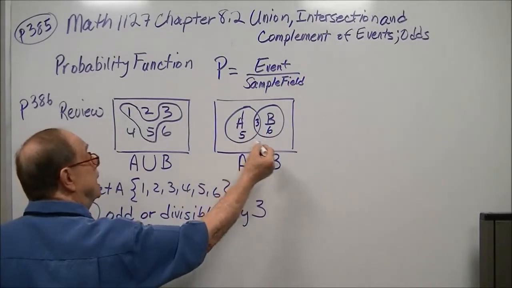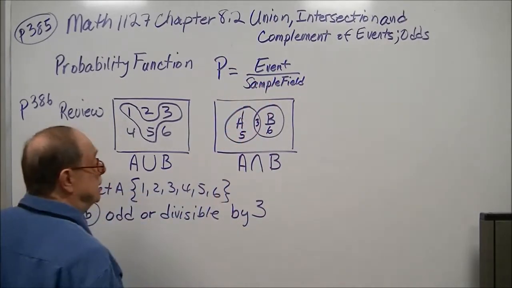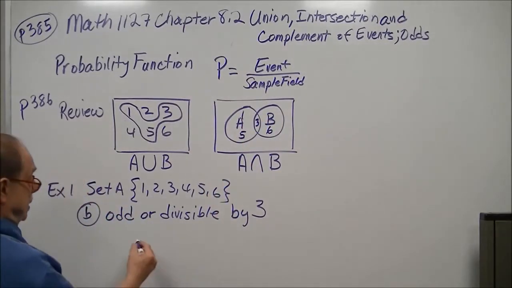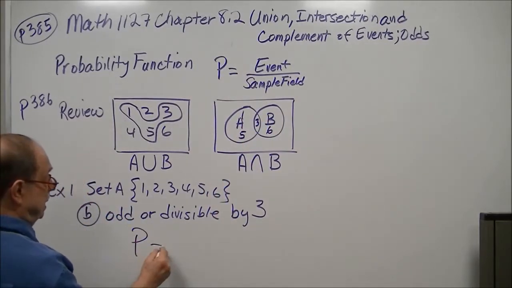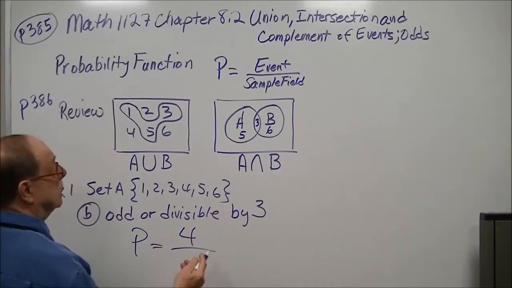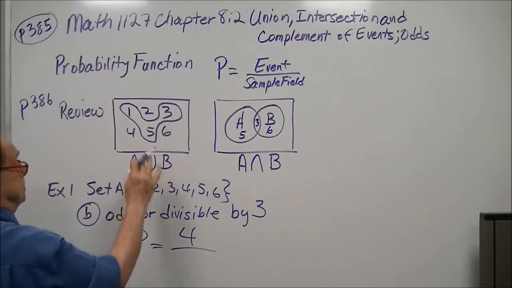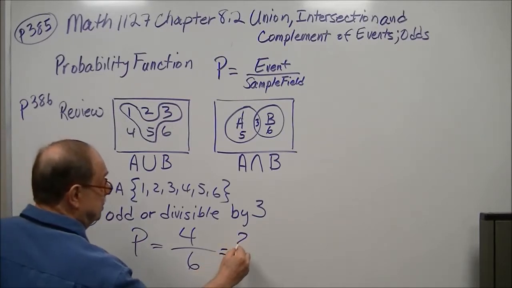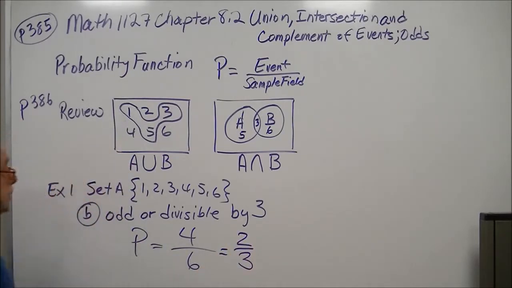So how many items in your event if we make a union of that? Well, your probability will be 4, and then our basic group was 6 on a die, so that will be 2/3.